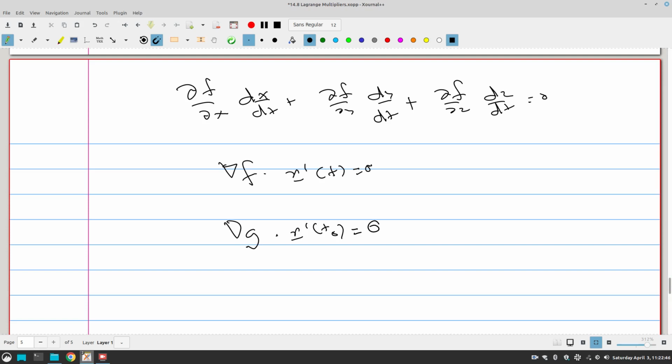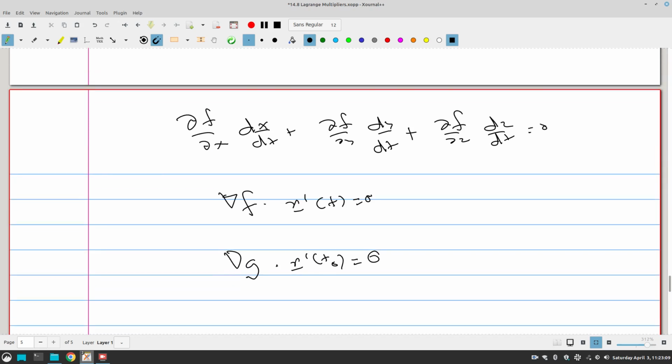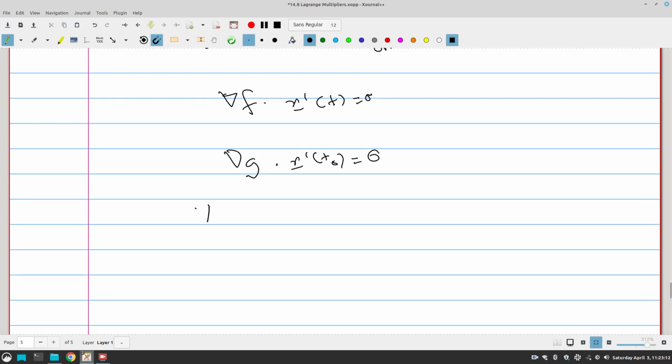How do I know this? Well, since that point is on G, I expect del G to be perpendicular to the tangent at that point. So del G dot r prime t naught equals 0. In that case, I know for a fact that del f and del G are parallel, right?